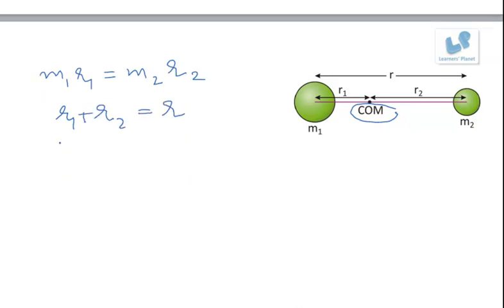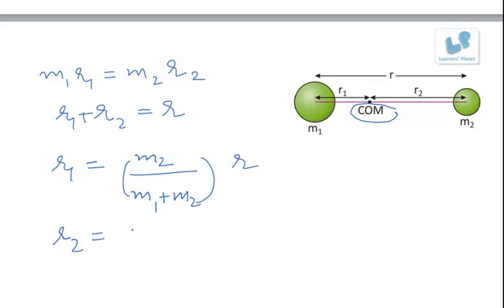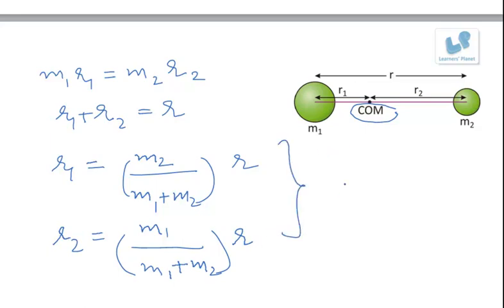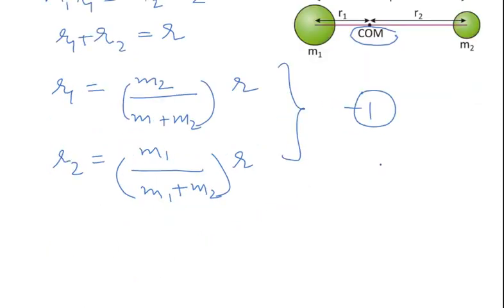So we can find out the value of r1 as m2 upon m1 plus m2 times r, and the value of r2 as m1 upon m1 plus m2 times r. Okay, so this we have found out.